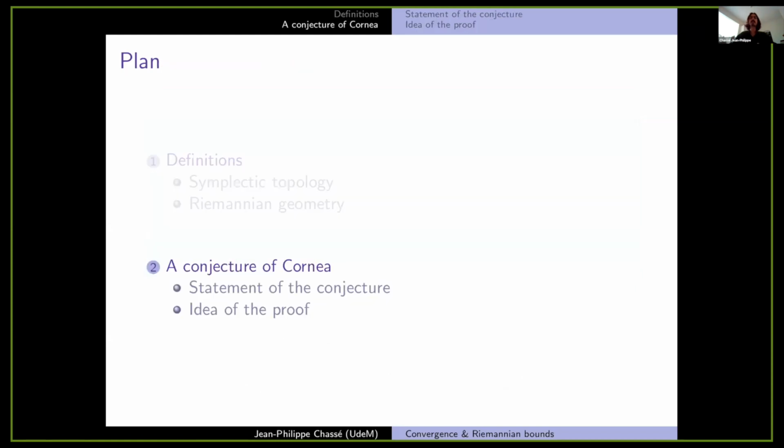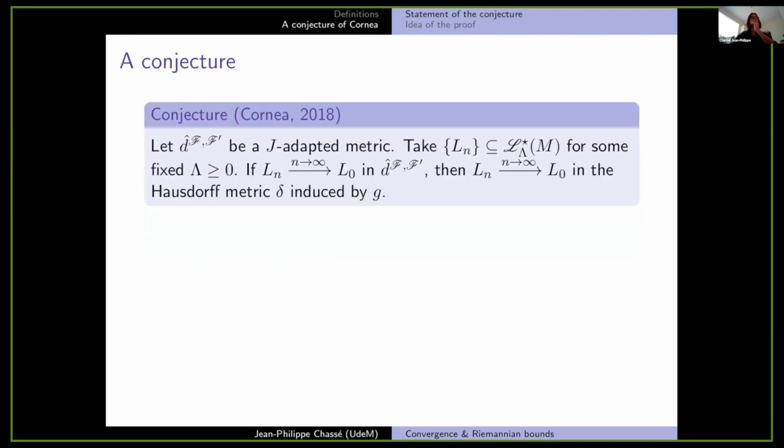Great. Now that all the definitions have been set down, we can actually state the conjecture and finally give some idea of what's going on. The conjecture, which is due to Cornea, is as follows. Suppose that d is a J-adapted metric, and suppose that you have a sequence Ln in this L star lambda space.